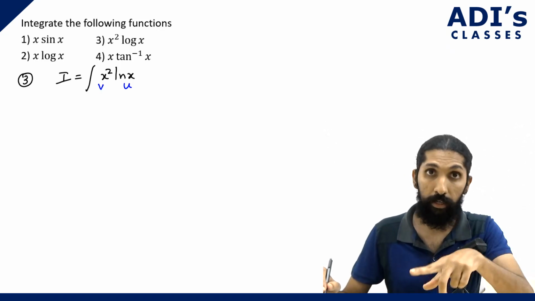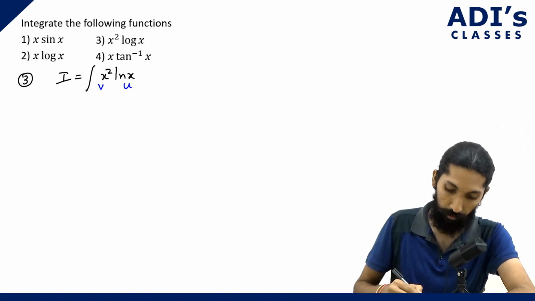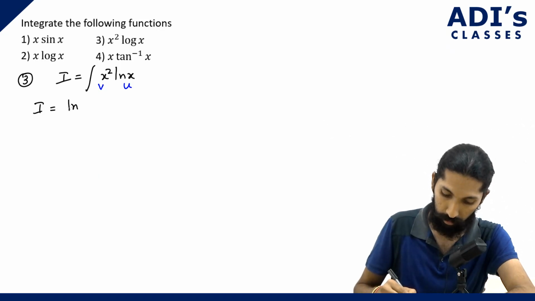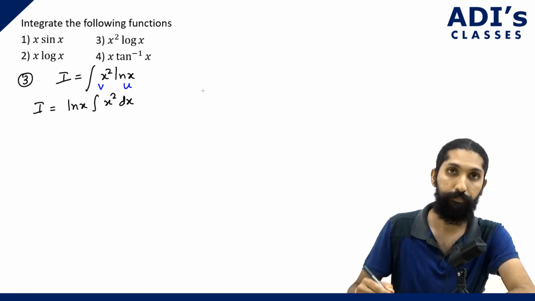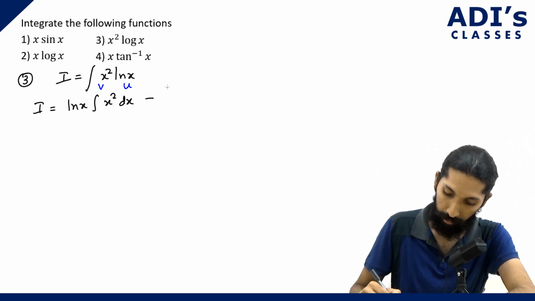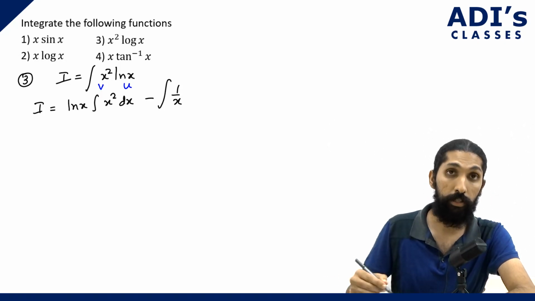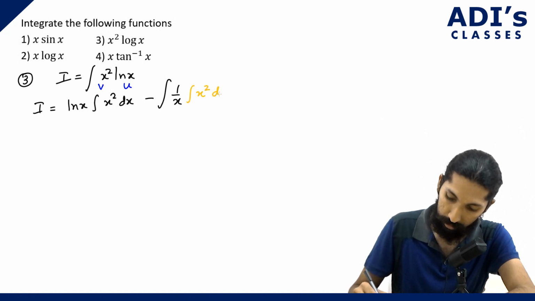ILATE, L is the second one. So now you have I is equal to u, that is log of x, into the integral of x square dx minus the integral of 1 by x into, what is the next part? The integral of x square dx, correct?